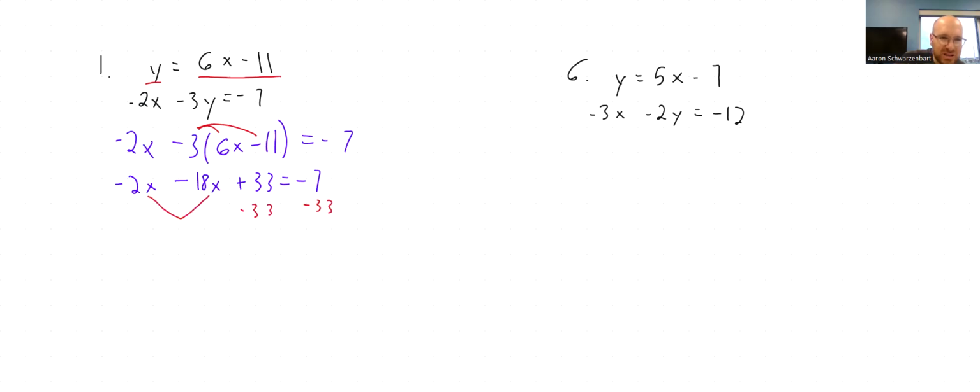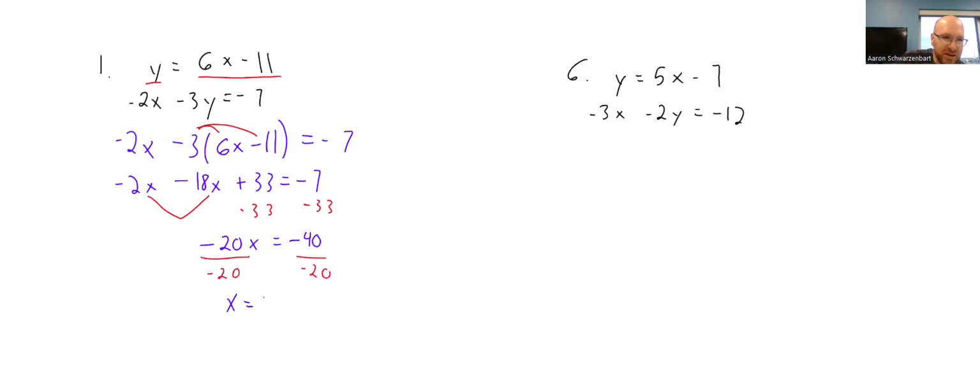Negative 2x and negative 18x is negative 20x, and negative 7 plus negative 33 is negative 40. I'll divide both sides by negative 20 to get x by itself, and I get x equals 2.